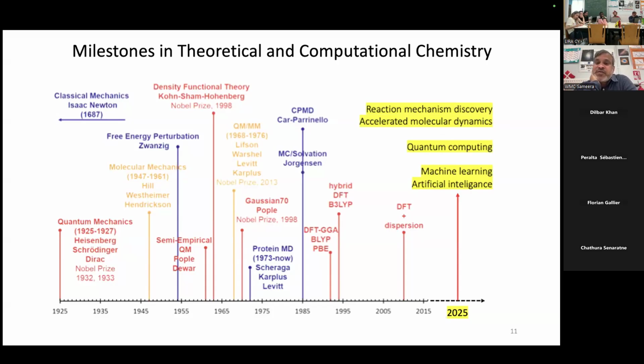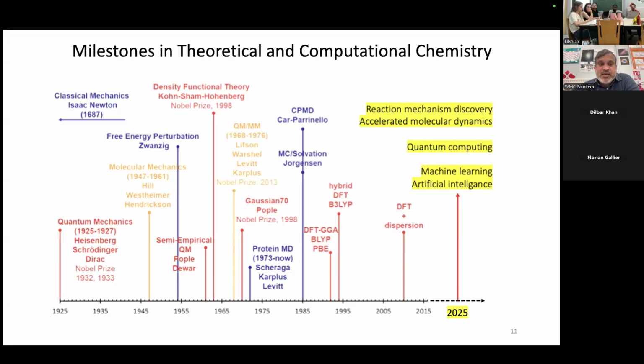So that is also very nice. So this is an overview of what people have been doing over the past 100 years. Right, so this is very special, because we are in 2025, and quantum mechanics was initiated almost 100 years ago. So it's a very nice occasion to celebrate.